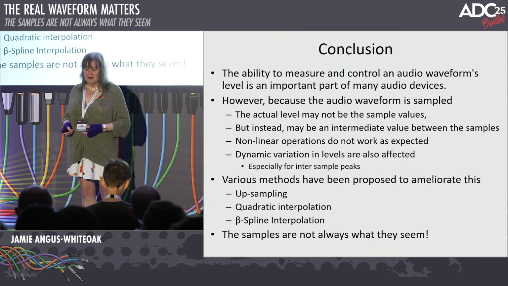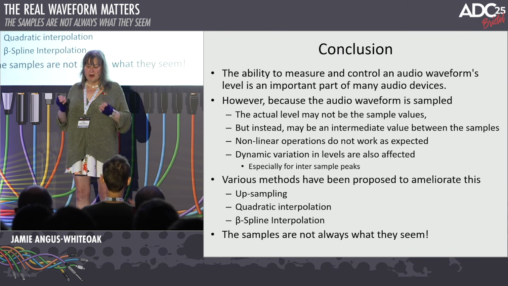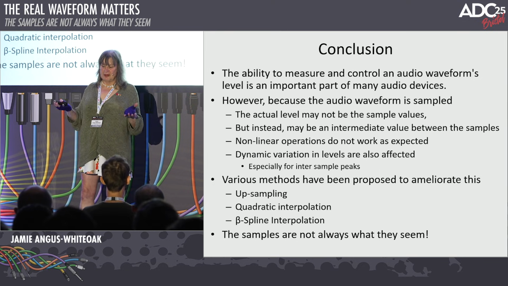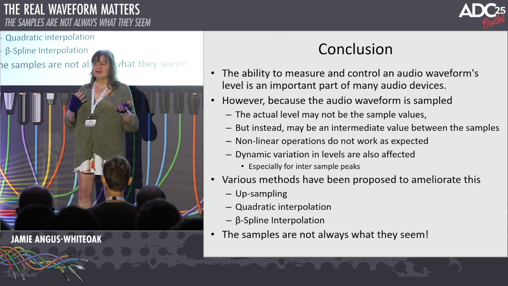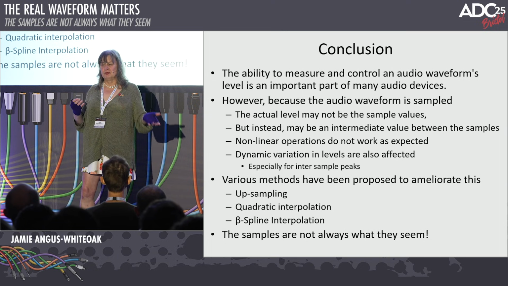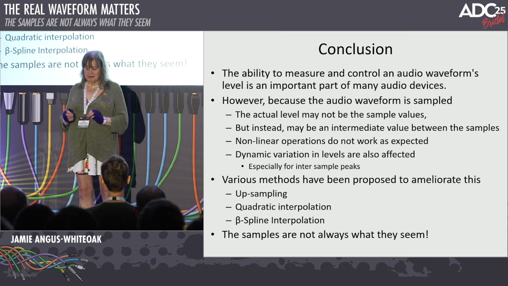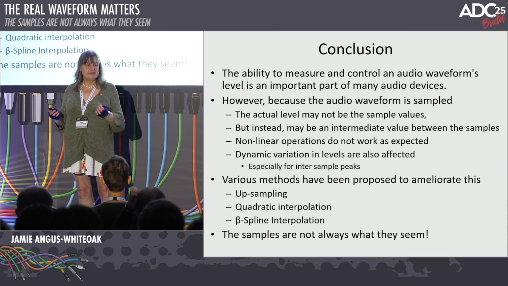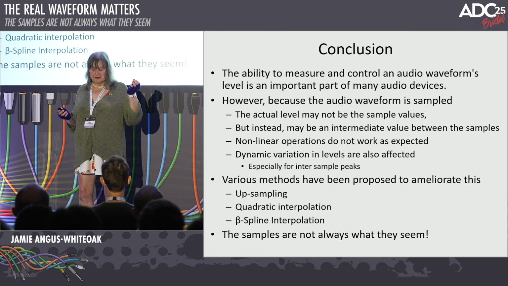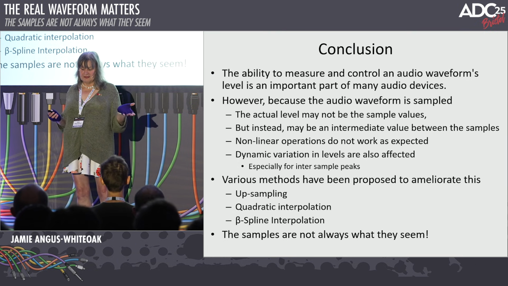So, in conclusion, the ability to measure the audio waveform's level is important to many audio devices, and knowing the waveform matters for nonlinear operations, for sample rate changing, etc. But the actual level may not be the sample level. It may be an intermediate level between the samples, and nonlinear operations end up not working as expected.